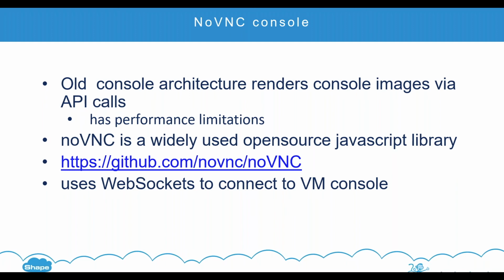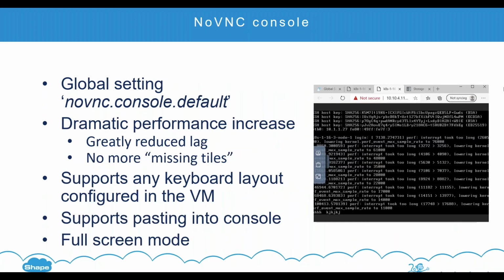So it's still connecting to the same thing, but it's a lot more efficient. To switch it on, there's a global setting in 4.15, noVNC console default. Set that to true, bang, it changes and starts using the new console. Dramatic performance increase. It supports any keyboard layout supported by the VM, and even allows full screen and pasting into the console at long last.